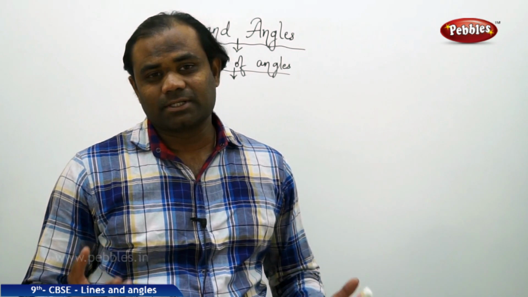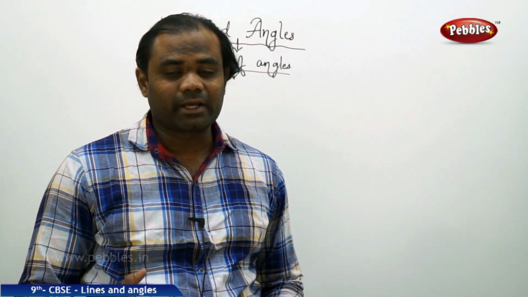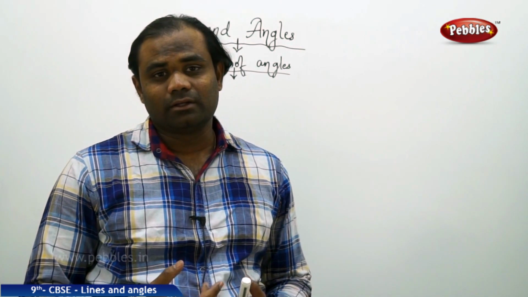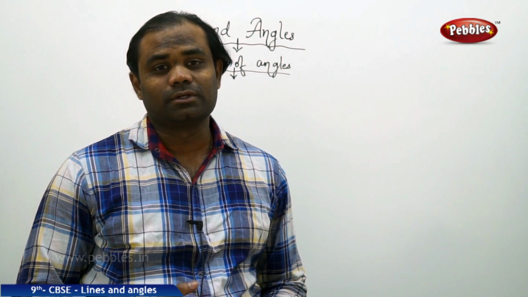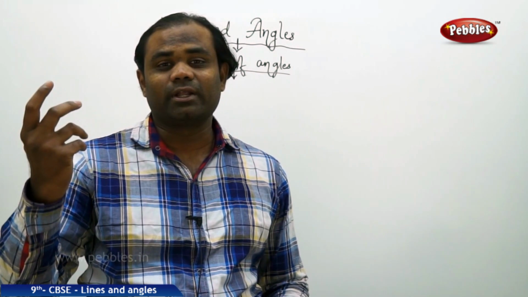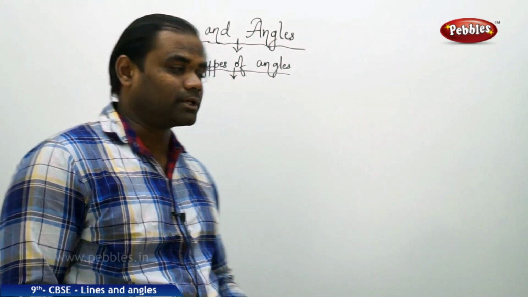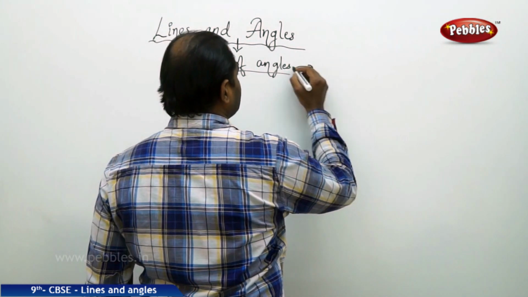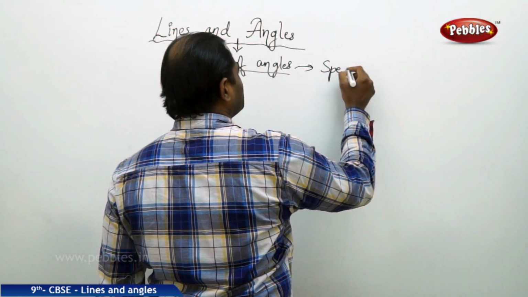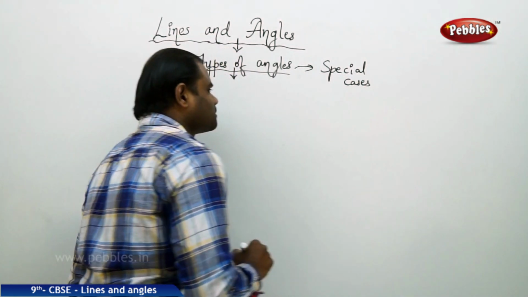Now that we have discussed the types of angles, acute, right angle, and obtuse angle, now let's take 2 special cases which are very important. What if the angle is more than 180 degrees? This is how we investigate 2 special cases. Types of angles taken as special cases.